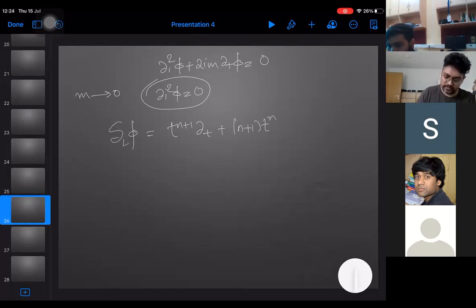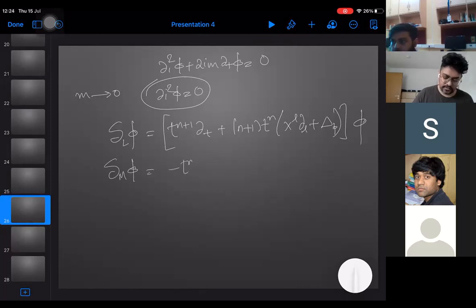L acting on phi is X_L del_L plus some delta. Delta is the scaling weight of the field which you are considering over here, which is the phi. Similarly, for the M's, it is just given by this acting on phi. So these are the actions when you try to find them from the representation.